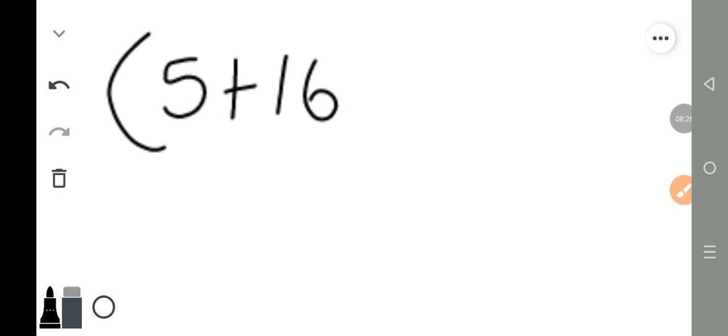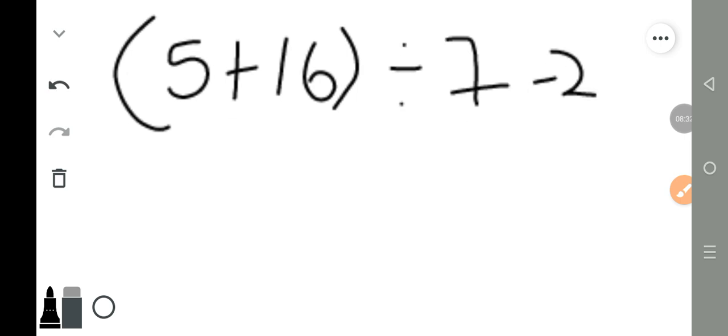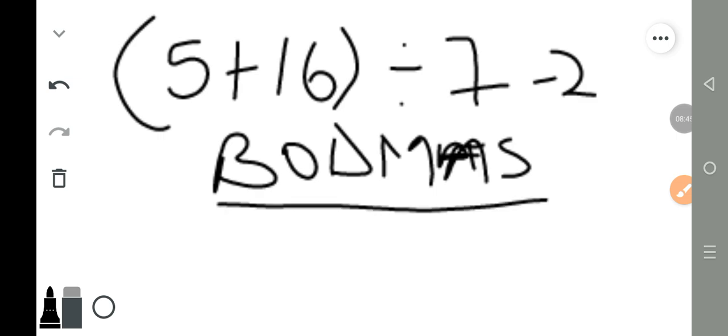Alright. Let's do the last question for the day before we end this lesson. So that will be 5 plus 16 divided by 7 minus 2. To this equation, again, we follow the acronym because it's easier than trying to cram everything step by step. So the acronym is a short way of learning the order of operations.